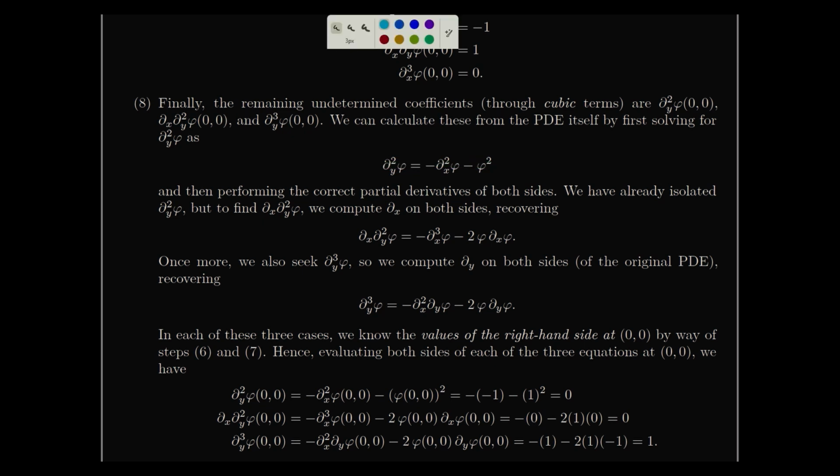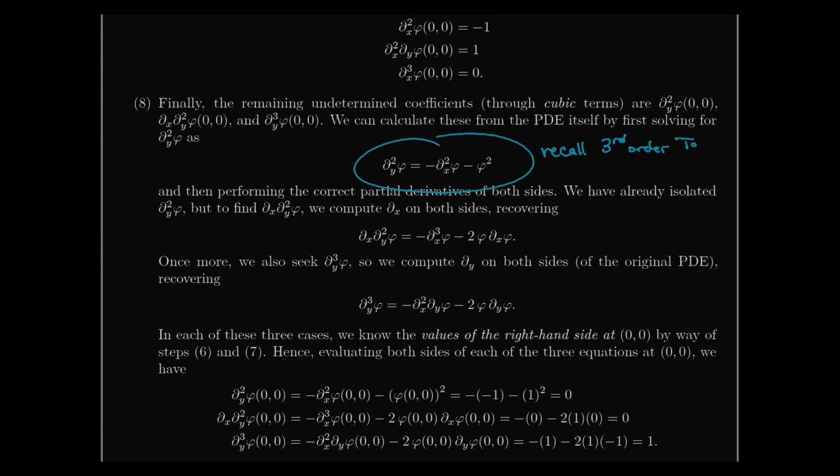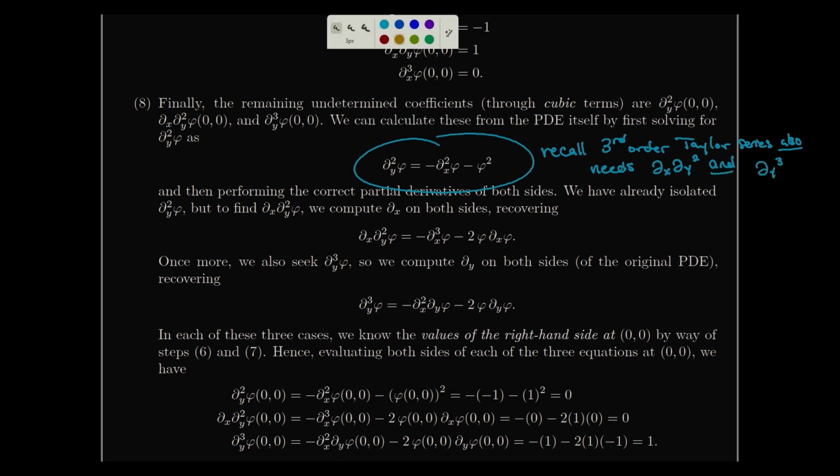And at this stage, let's recall the third order Taylor series also needs partial x partial y squared and partial y cubed. So what I can do is take this equation and take a derivative in x of both sides.